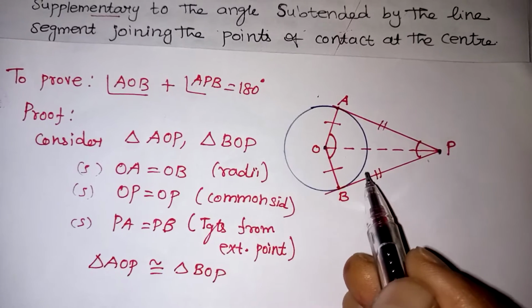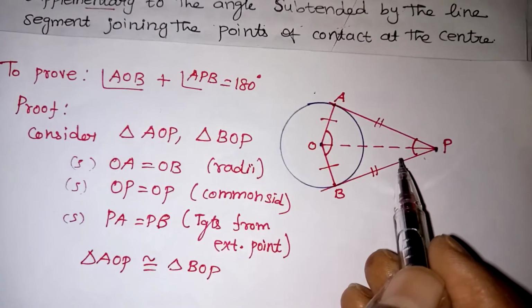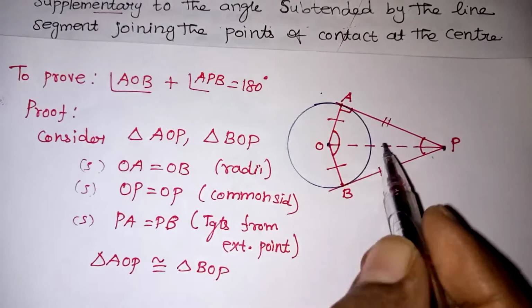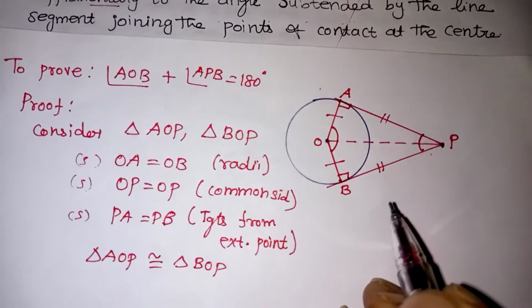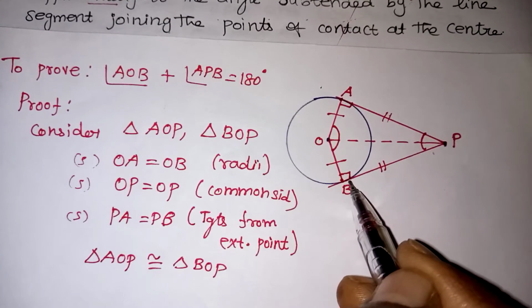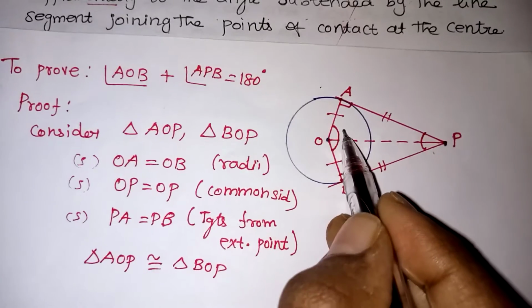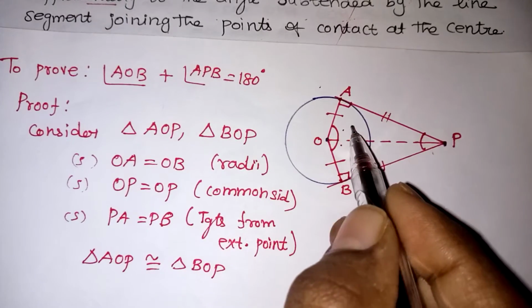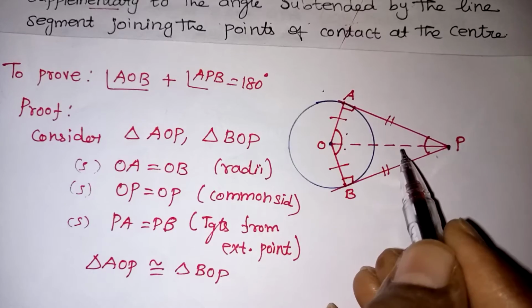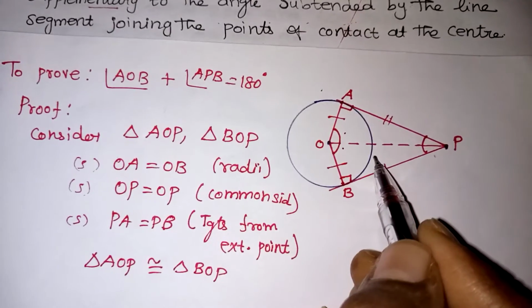Then we can state that all the remaining angles are also equal under CPCT. So here this is 90 degrees. Definitely this will also be 90 degrees because a radius and a tangent always form 90 degrees. Then this angle and this angle will be equal under CPCT, that is, corresponding parts of congruent triangles are congruent.